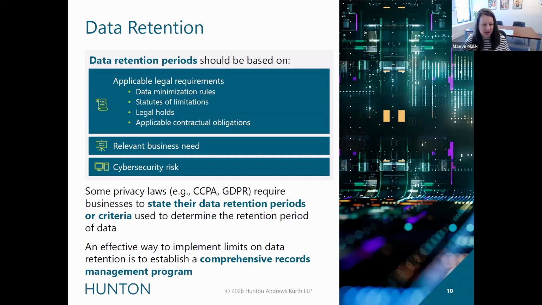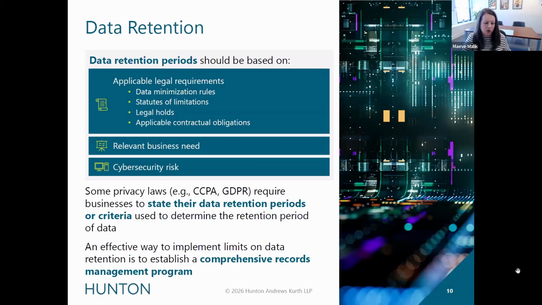And what we have seen time and again is that perhaps the most effective way to implement limits on data retention is to establish a comprehensive records management program. And we'll talk about this a little bit more towards the end of the presentation when we start talking more about practical challenges and solutions.